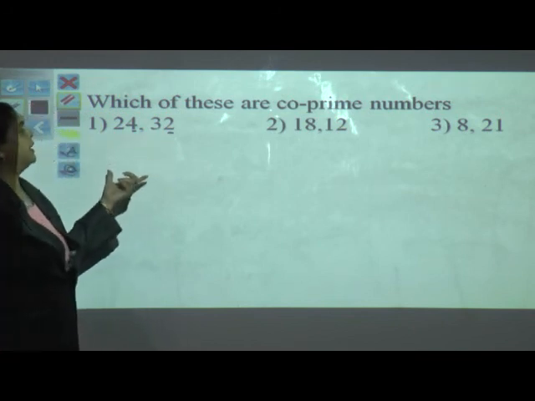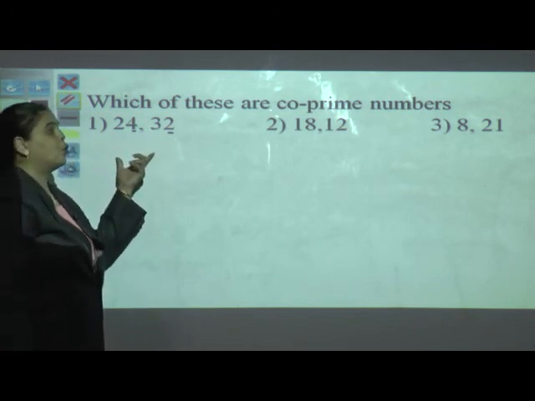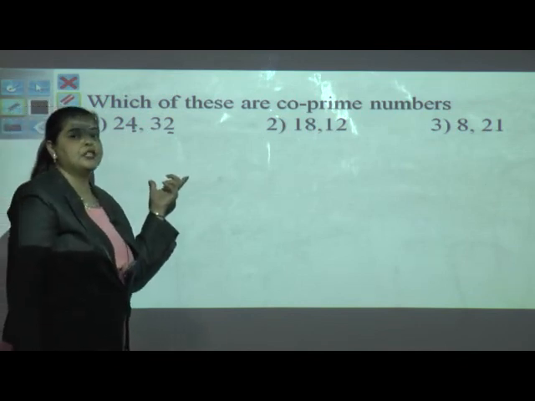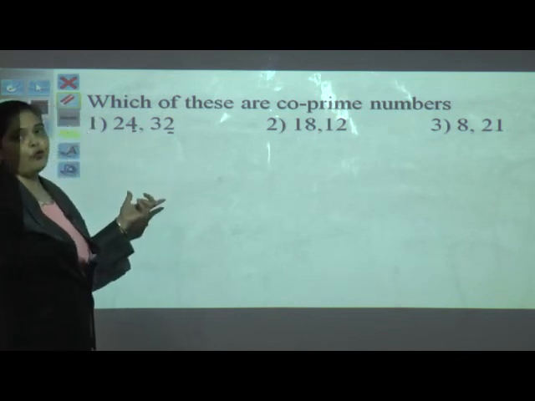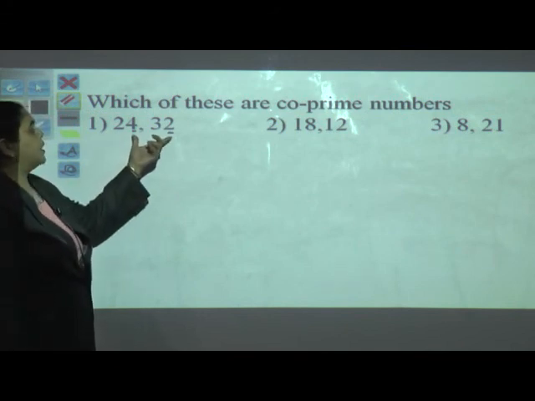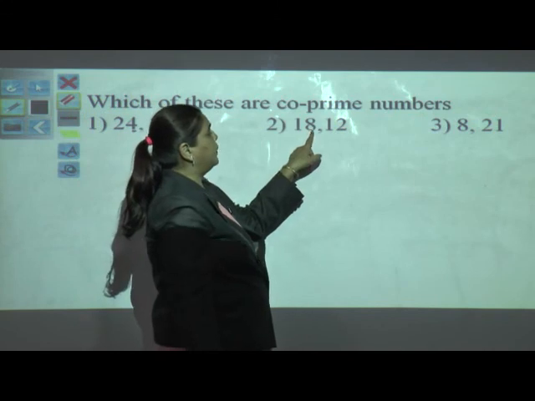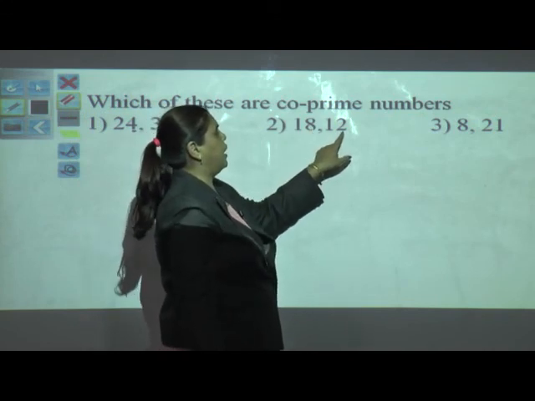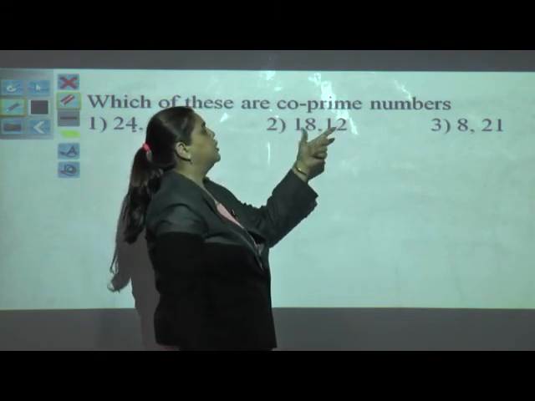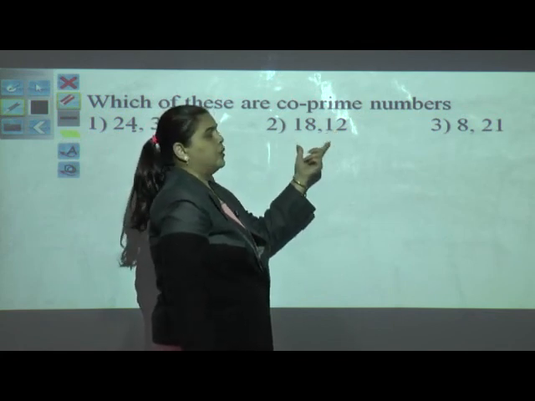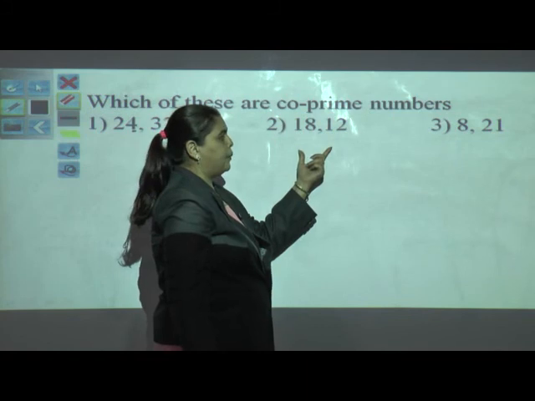That is, we can say these numbers are composite numbers. Composite numbers are the numbers which have more than two factors. Here also we have an even number in the ones place, and here also. So these are also composite numbers, so it's not a co-prime number.